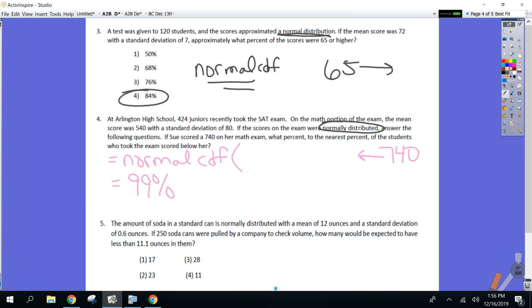Now, just a quick comment. I know you're using the calculator. All right, I get it. But when you do this on the Regents exam and the quiz tomorrow, I just can't see 99 and that's it. So what can you show for work?